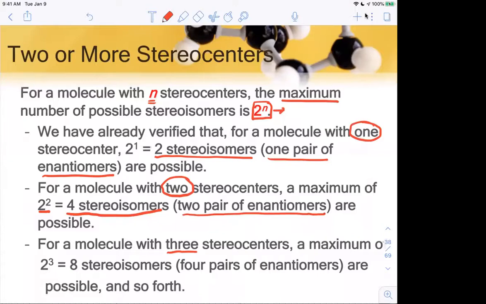So if I have a protein with maybe 450 amino acids, I could have 450 chiral centers if I consider that every amino acid except for glycine has a chiral center. So again, this can be extremely large numbers. For example, if I have 3, I can get up to 8 stereoisomers or 4 pairs of enantiomers.